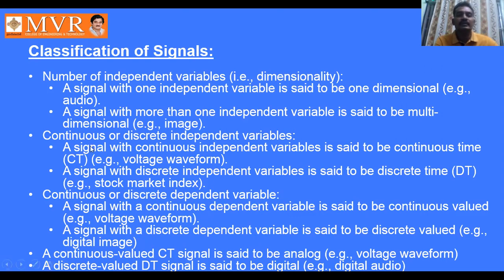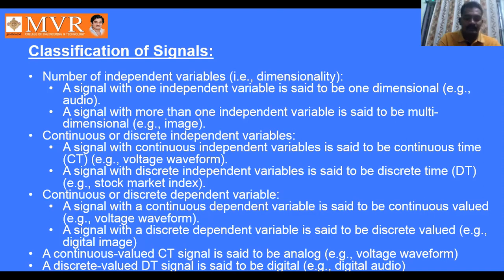Similarly, continuous or discrete independent variables. A signal with continuous independent variables is said to be a continuous time signal. For example, if we take the voltage waveform, it is a continuous voltage waveform.